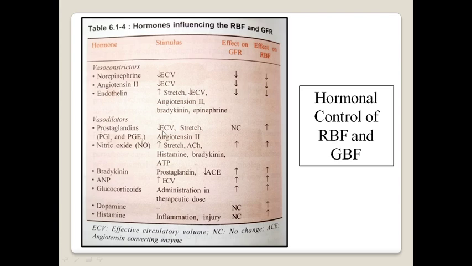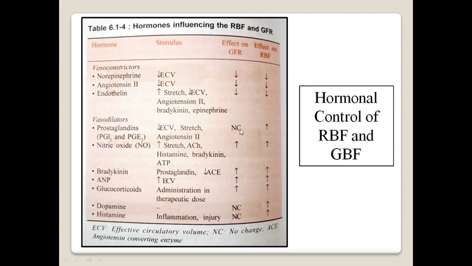Likewise, if there is a decrease in effective circulatory volume, or hypovolemia occurs, then vasodilators are released like prostaglandin and nitric oxide. What they do is increase the diameter of the afferent arteriole and increase the renal blood flow and the GFR also.